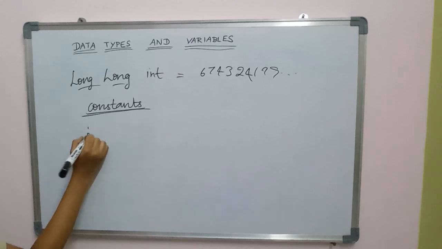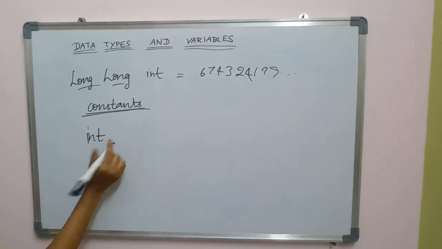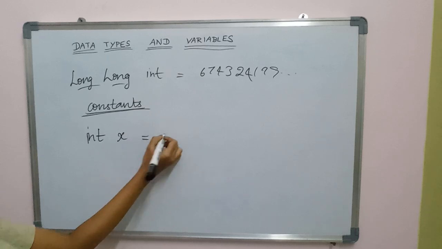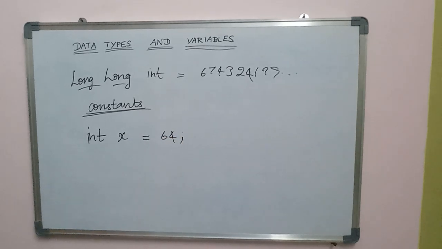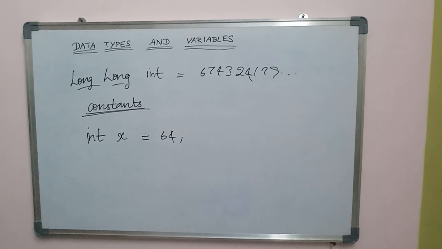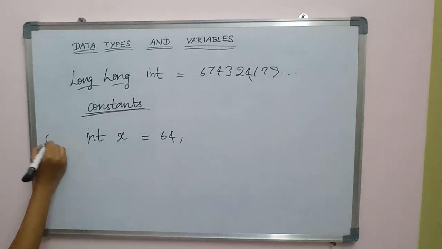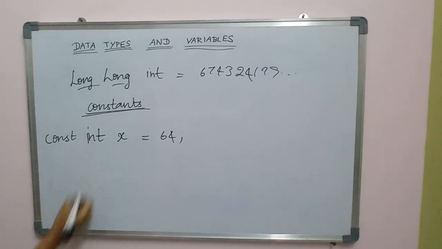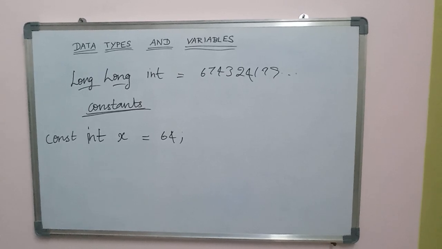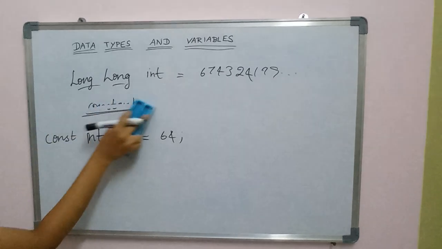Let's say I have declared an integer x which is assigned 64, and I don't want to change it ever in my program, and I don't want others to change it either. In this case we have to use the const keyword. The const keyword ensures that the assigned value is never changed. This is the usage of constants.